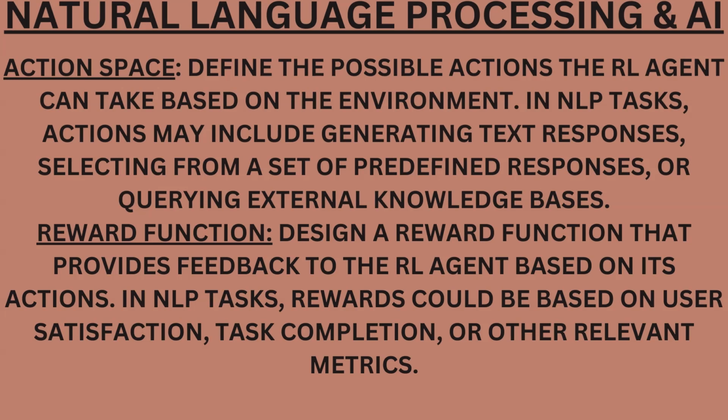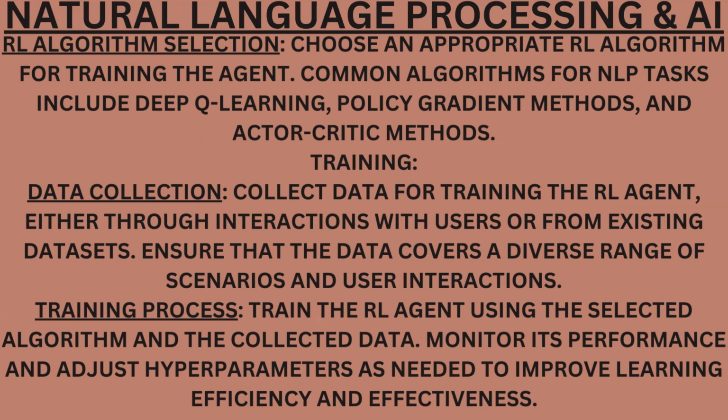In natural language processing tasks, rewards could be based on user satisfaction, task completion, or other relevant metrics. Reinforcement learning algorithm selection. Choose an appropriate reinforcement learning algorithm for training the agent. Common algorithms for natural language processing tasks include deep Q learning, policy gradient methods, and actor critic methods.